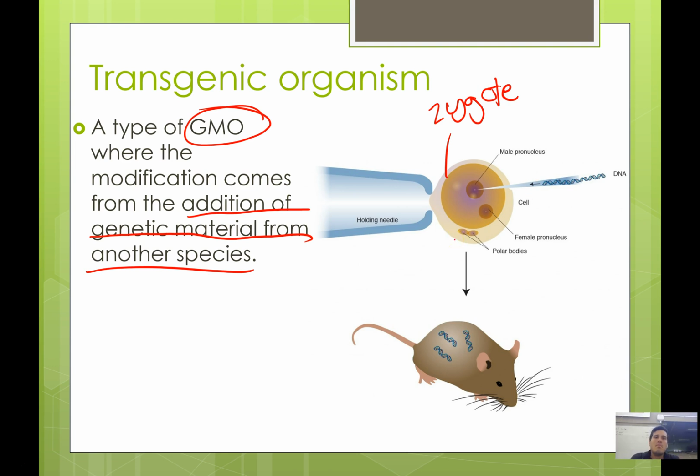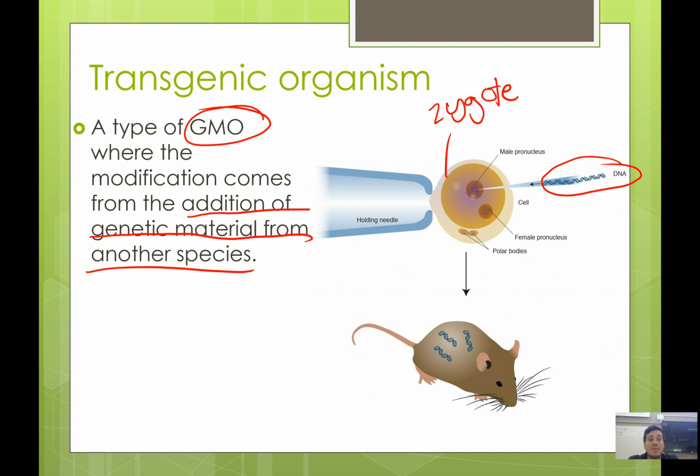Before this zygote actually gets a chance to do mitosis and become a fully fledged mouse, we might take some DNA from a human or from a chimpanzee or from a bacteria, and insert it into the DNA of that mouse using those CRISPR and restriction endonuclease technology.